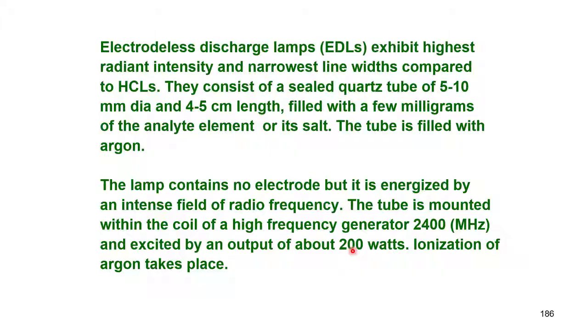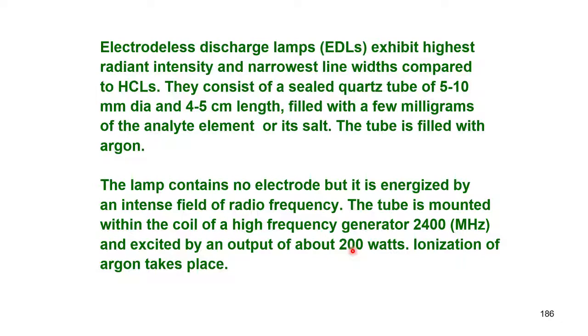So it becomes intellectual property. So we are forced to buy EDLs and vapor discharge lamps from the same company if you are using a particular model. So this point you should remember. Of course, nowadays there are interconnectors which will help you to some extent, but not all the time. Okay. So these are the three main radiation sources for atomic absorption spectrometry.